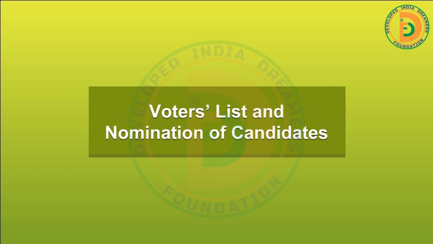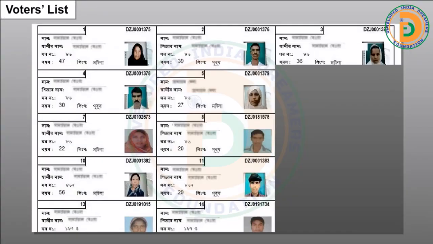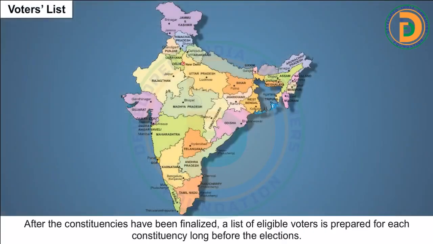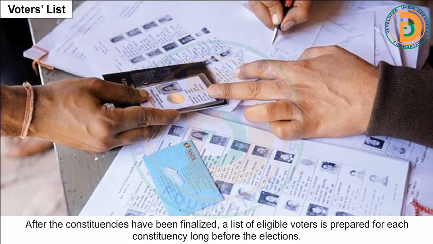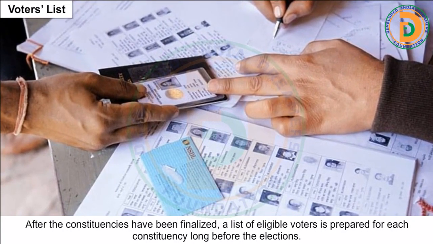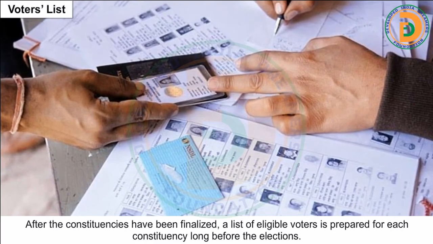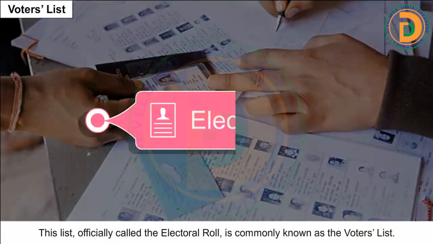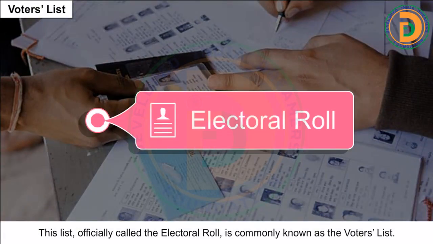Voters list and nomination of candidates. Voters list. After the constituencies have been finalized, a list of eligible voters is prepared for each constituency long before the elections. This list, officially called the electoral roll, is commonly known as the voters list.